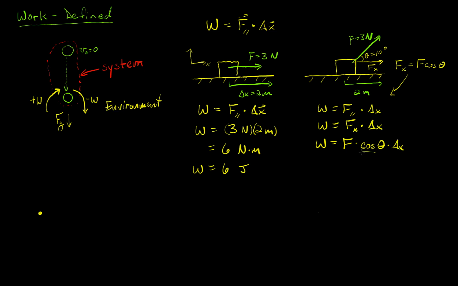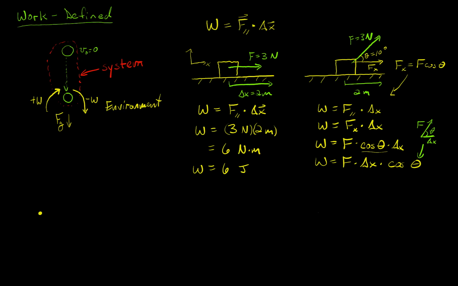If I just kick this over, then I get work is going to be the magnitude of the force times the magnitude of the displacement times cosine theta, where theta is the angle between the force and the displacement. And this is our more general form.